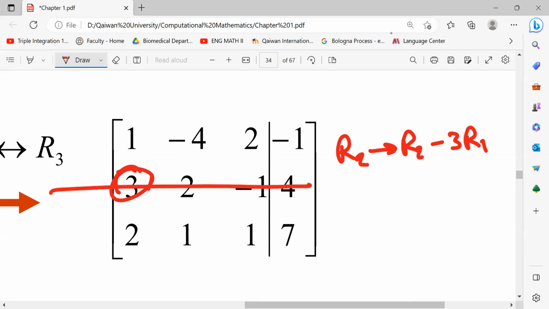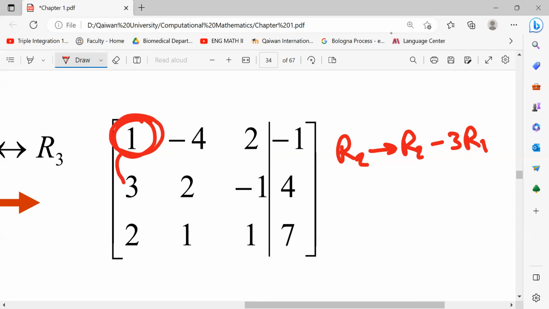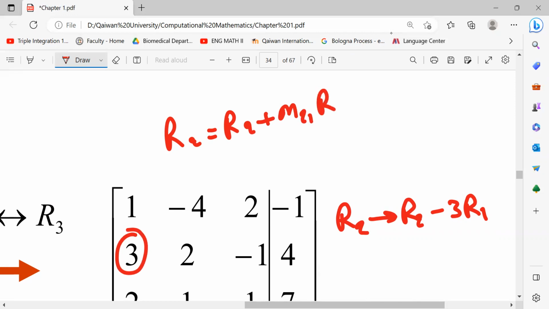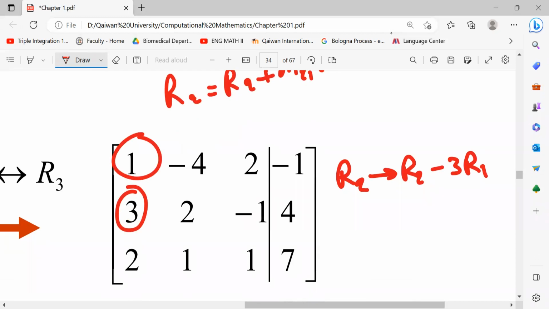We say row 2 is equal to row 2 minus, what should I multiply by and add to this one to get 0? Minus 3. In another way, we say R2 is R2 plus M21 R1.